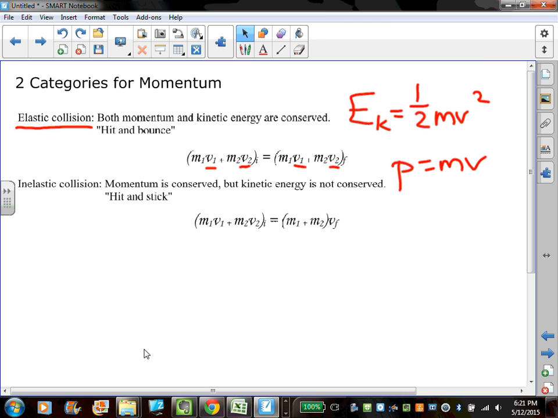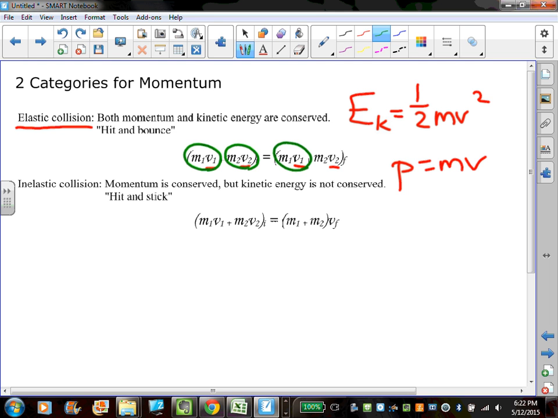Okay? So what I'm really saying with this, and I would highly recommend putting this into your notebook, is that the momentum of car 1 at the beginning plus the momentum of car 2 at the beginning is equal to the momentum of car 1 at the end plus the momentum of car 2 at the end.